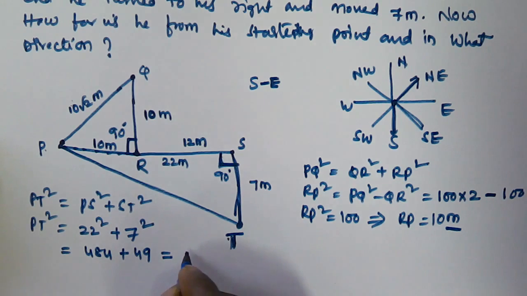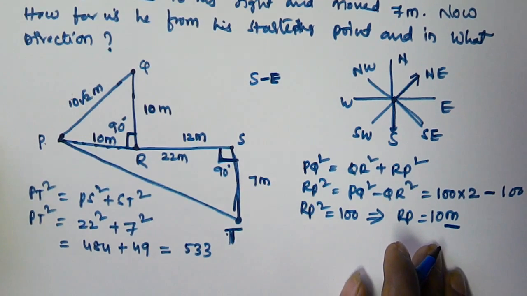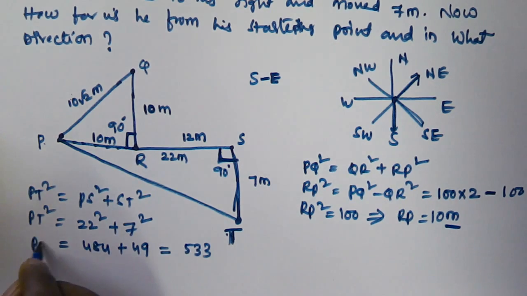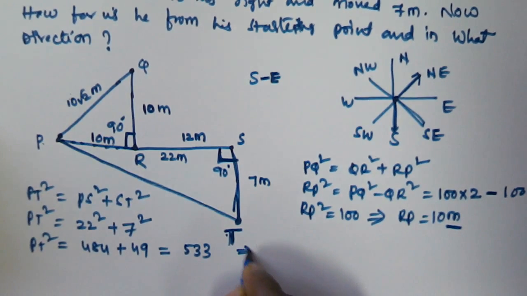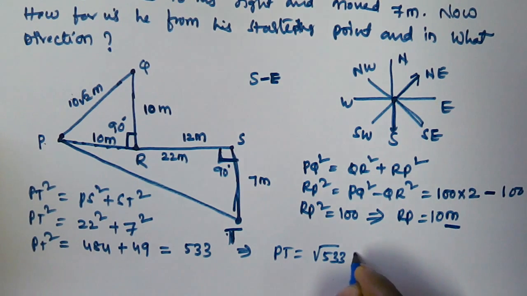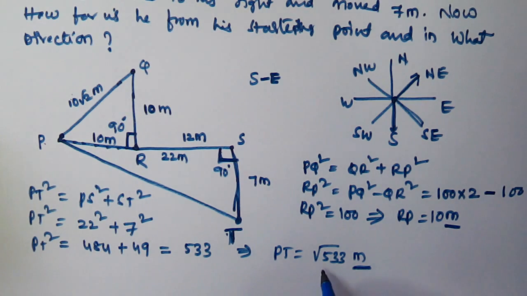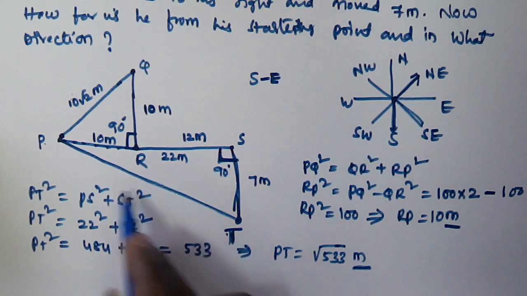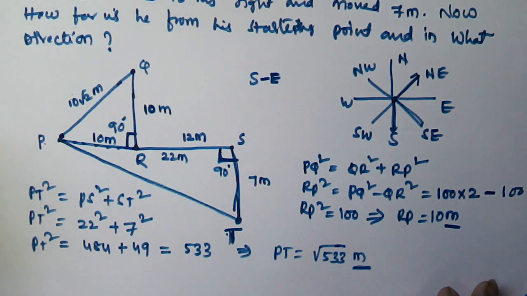Combining these two, we get 533. So PT is equal to root 533 meters. So from the starting point, he is at a distance of root 533 meters in the southeast direction.